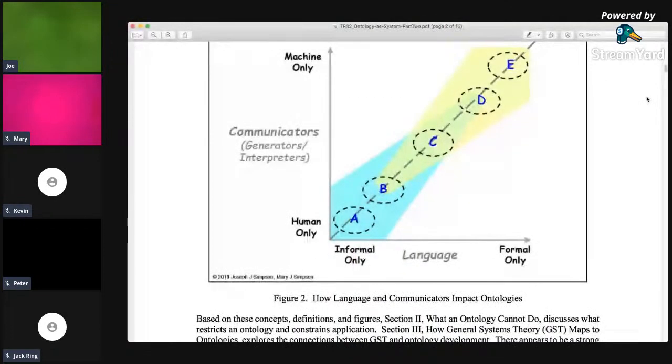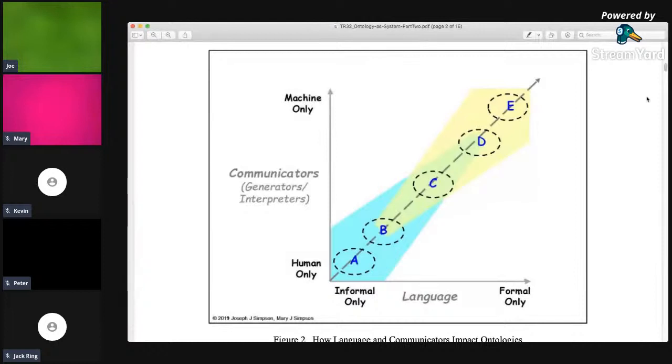So one of the things that we've done is we decided to look at the ranges of language, from informal natural language to formal language, and then a range of communicators from machine only to human only. And then along this plane, we've identified some areas where the type of language would impact an ontology. One might argue that in area A, there is no ontology. It's just shared understanding and shared context.